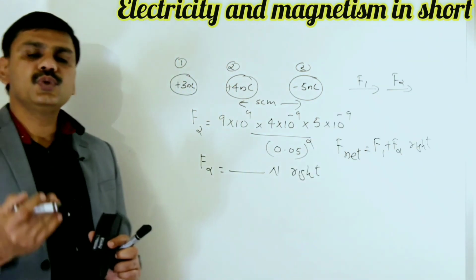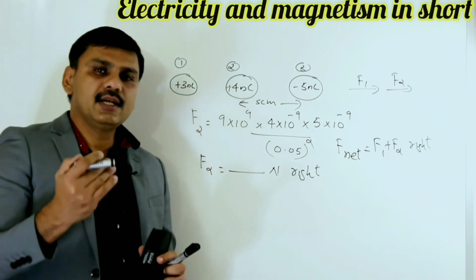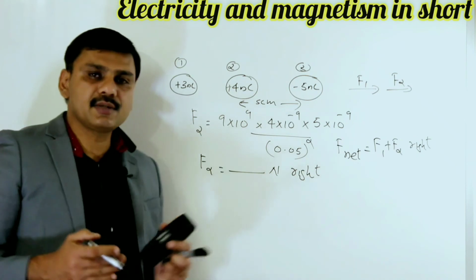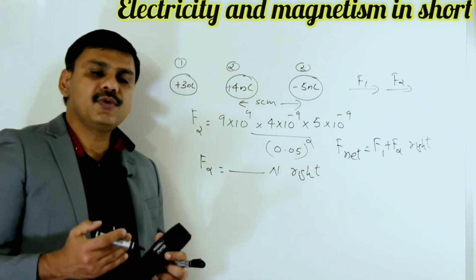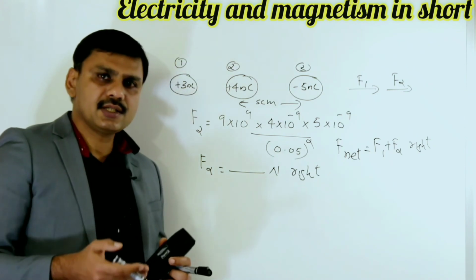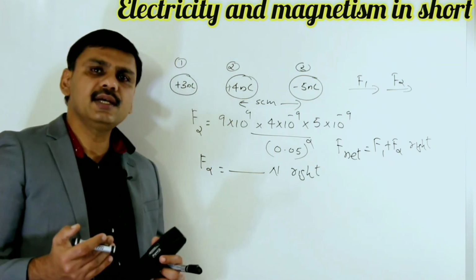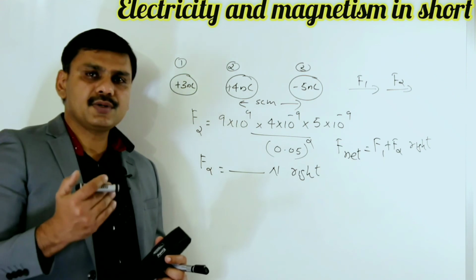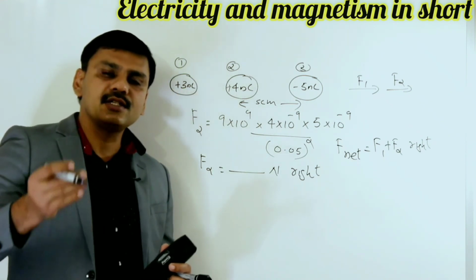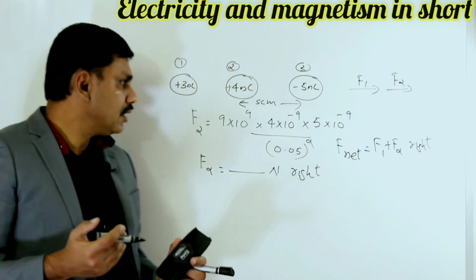Just add these two forces and the direction will be towards right. So here the second charge is experiencing an attractive force and repulsive force. Repulsive force is given by the first charge and attractive force is given by the third charge. So because of these two forces, there will be a net force experienced by the second charge.